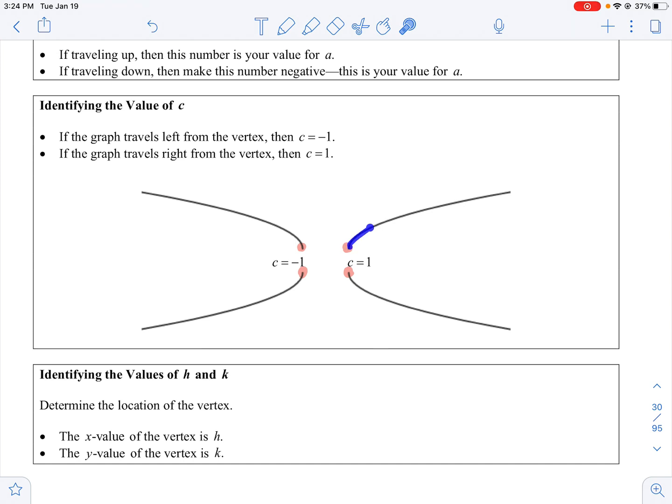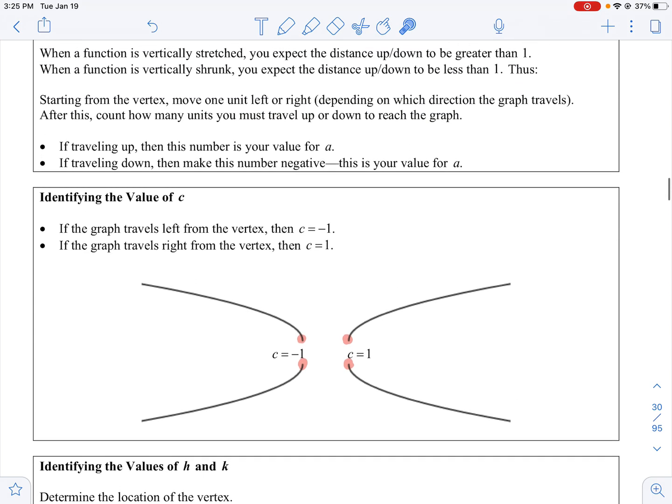If it is facing right, just like that one or this one, our c value is a +1. When you go to a different class that is not Algebra 2, or maybe higher than Algebra 2, the c is not always equal to 1. But for Algebra 2, we have decided to make it simple, and we're just going to have two values of c, which is either a +1 or a -1.